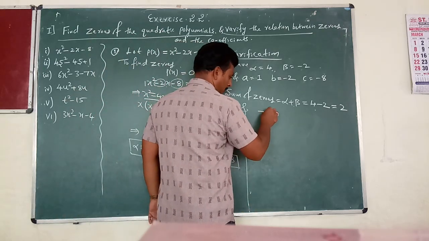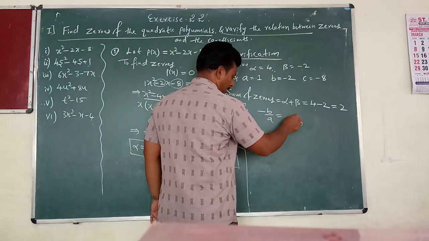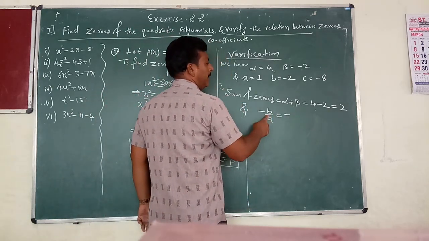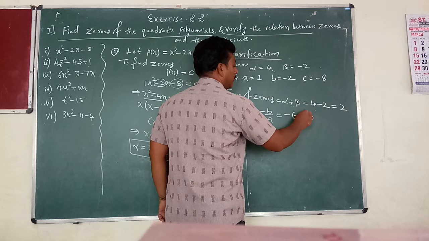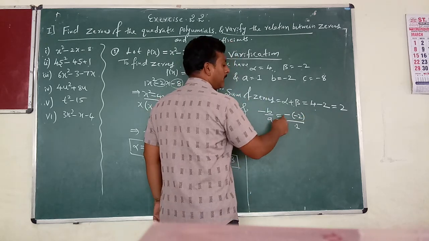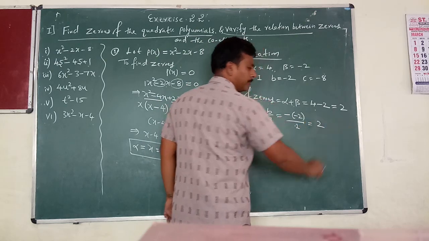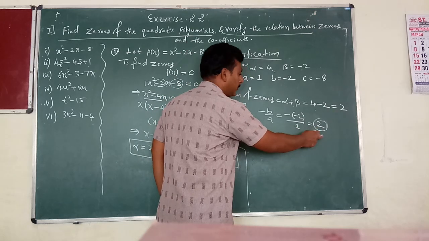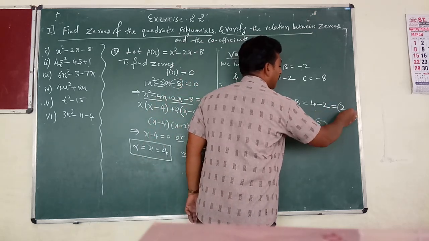Minus b by a is equal to minus b value, which is minus 2, divided by a value, which is 1. Minus into minus is equal to 2. Just observe, minus b by a answer is also 2 and alpha plus beta is also 2.